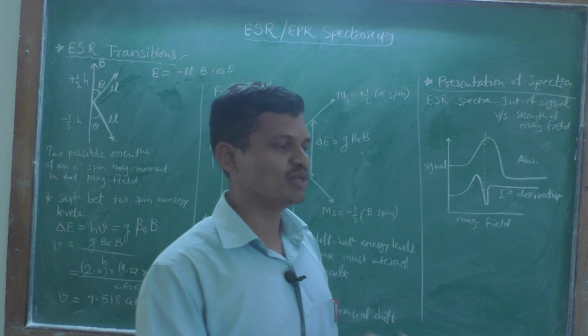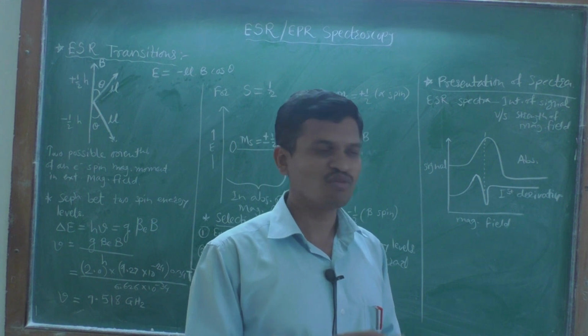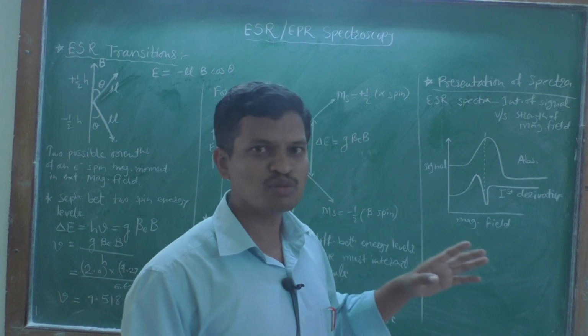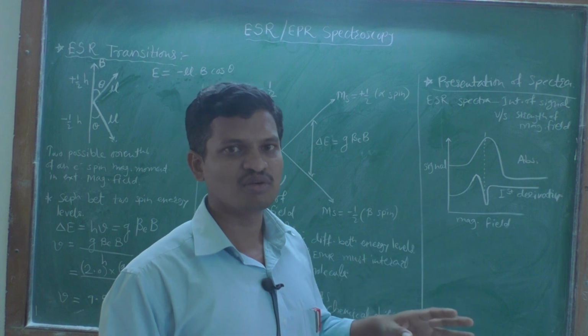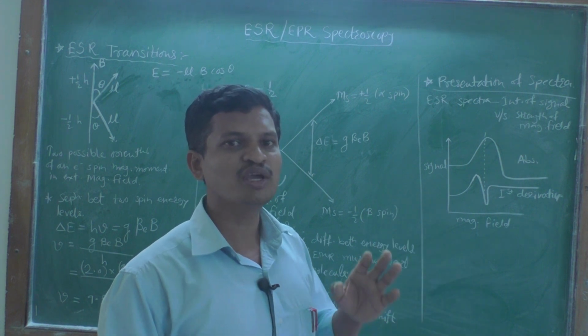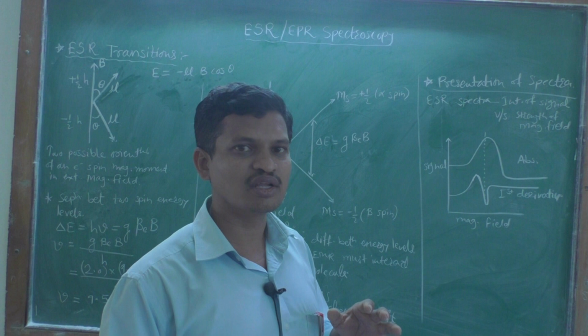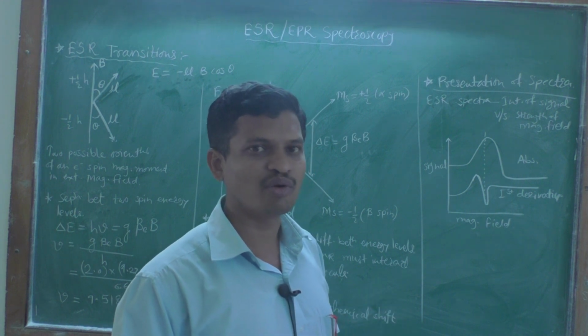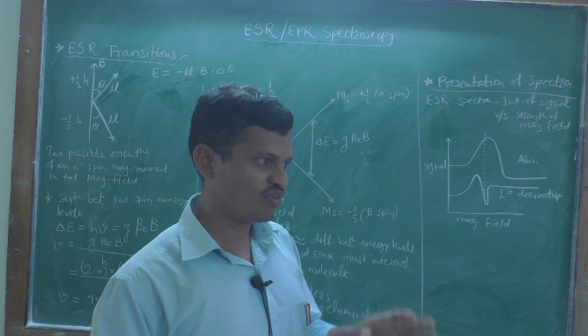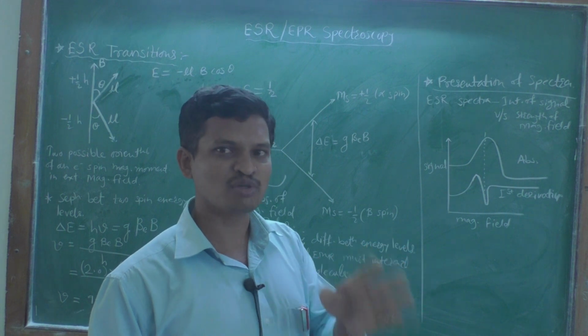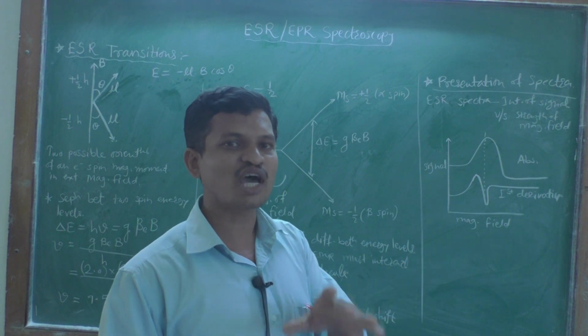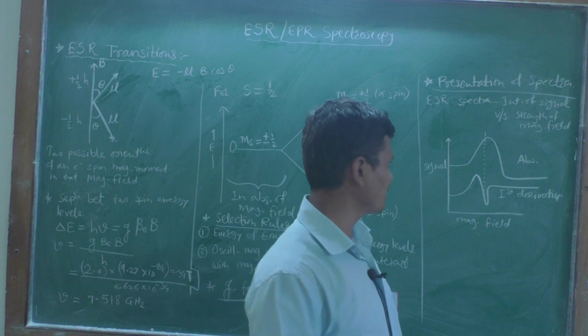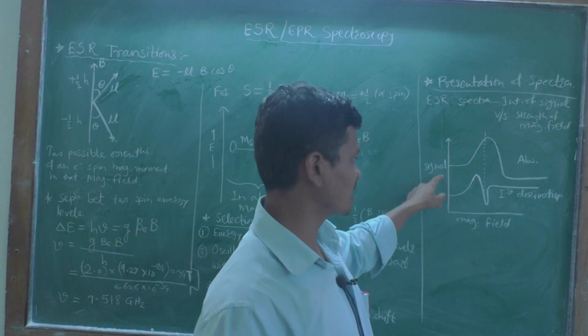First derivative means the slopes of the absorption curves have to be measured. The first derivative, that is the slope of the absorption peaks, gives sharp lines or sharp peaks. This is shown in this graph.